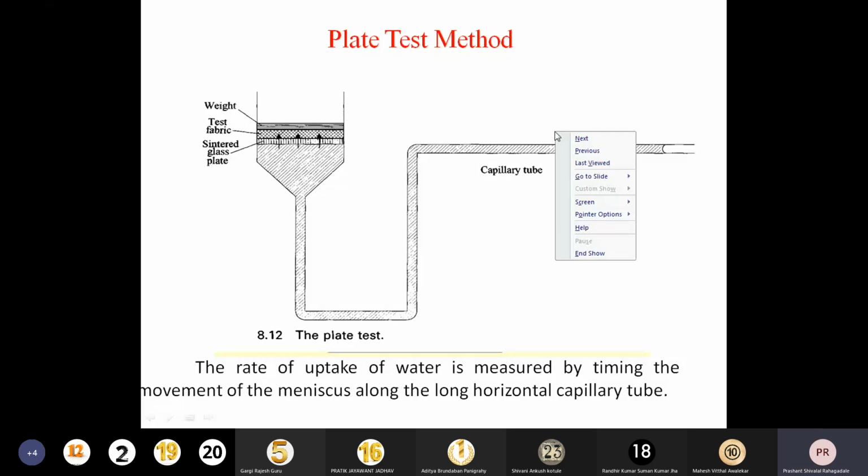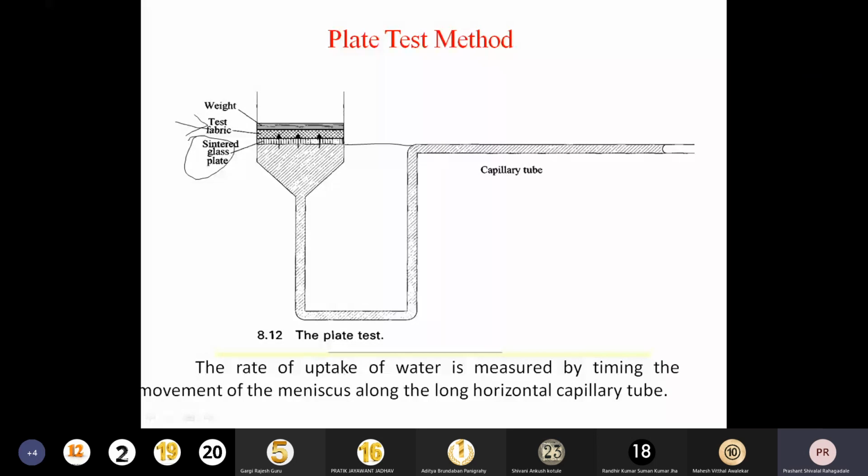So see, this is your sinter glass plate. उसके ऊपर हमने फैब्रिक रखा है, ठीक है, और उसके ऊपर एक वेट भी हमने रखा है. हम लेवल यहाँ पे देखिए एडजस्ट करते हैं. जो सिंटर प्लेट है, सिंटर प्लेट का लेवल हम यहाँ प्रॉपरली we have to adjust this level. हम बराबर इसके हिसाब से सिंटर प्लेट का लेवल एडजस्ट करते हैं, मतलब वाटर लेवल के ऊपर exactly we will put it exactly on the water level.